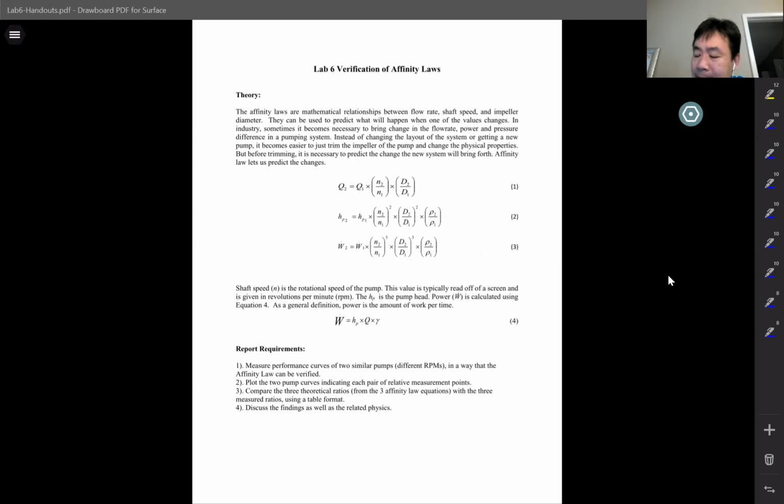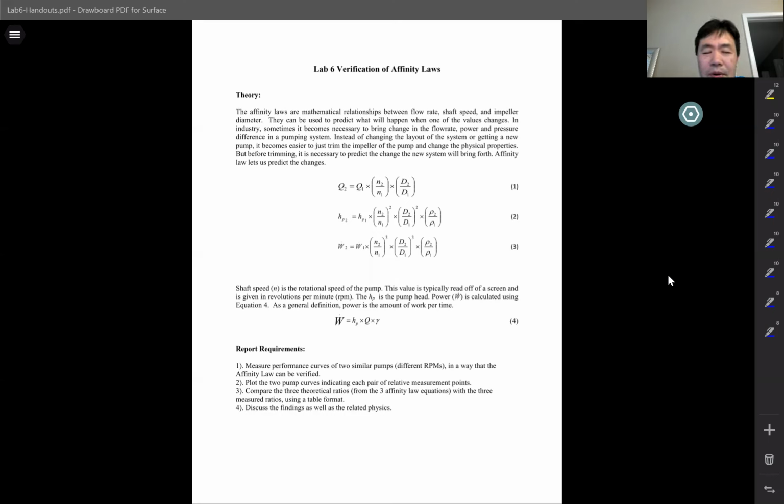However, that pump has a smaller impeller diameter and will operate a little differently compared to the original pump. It's still the same pump, similar, but it will perform differently. The flow rate could be different, the pump head could be different, and the power output could be different too.